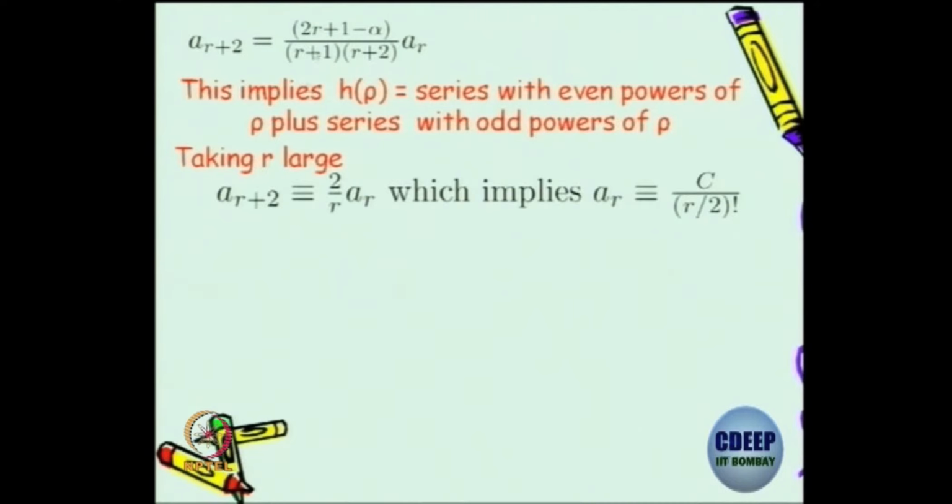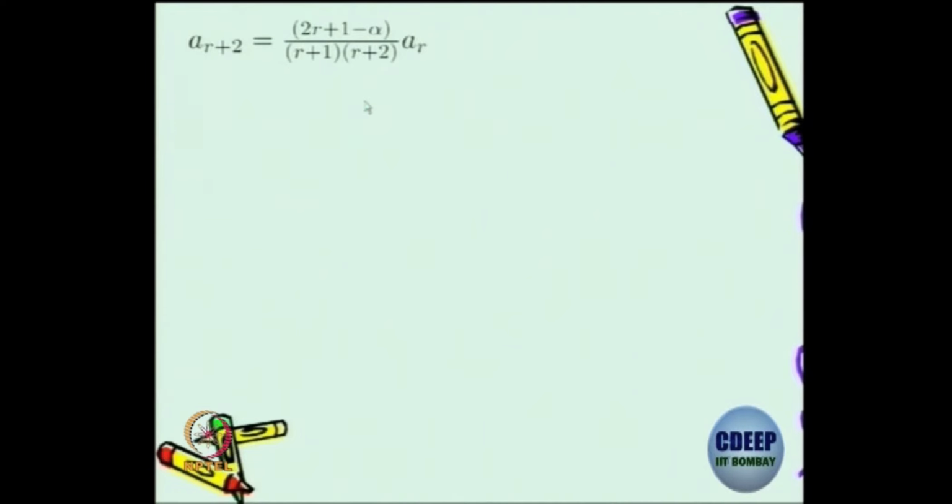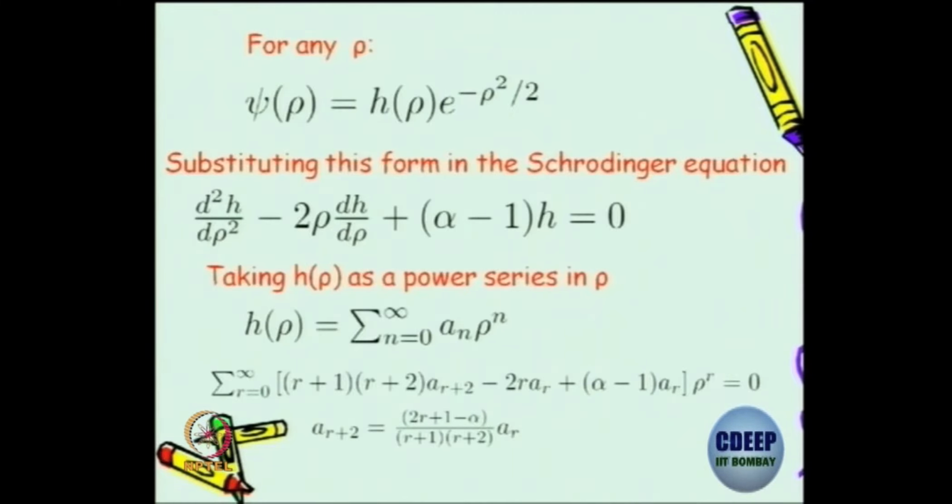So don't confuse this r with any radial coordinate or position. This r is a subscript r in the coefficients which are there in the power series which we wrote for h of rho, okay. A subscript r. Let's take this subscript r to be very large.